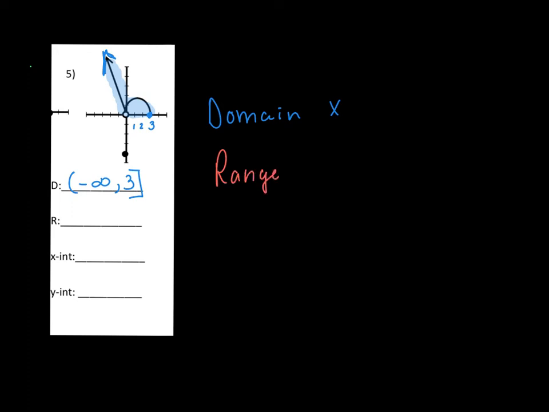Actually, let me go ahead and erase the domain first. All right, so with that done, the range just goes again towards the y. Remembering that this is an arrow, so that keeps going up for y. But we also have this one point down here. Now that one point was included when we were dealing with the x's, but it's not with y's, so we need to make sure we have both of those parts.